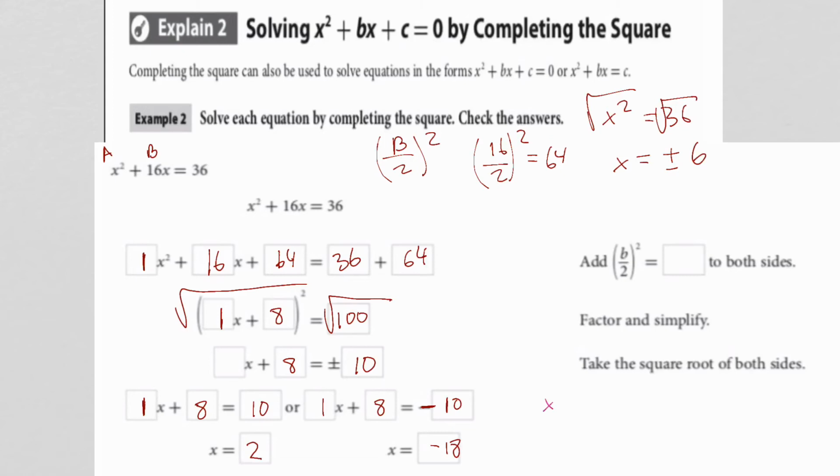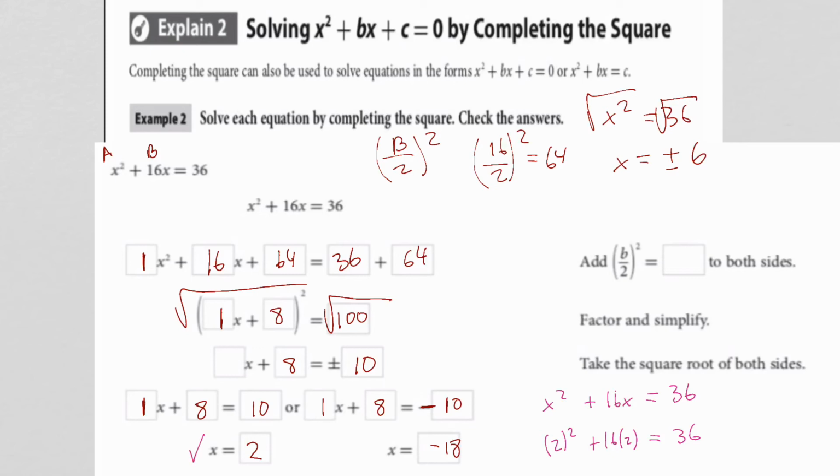So here was our original equation, x squared plus 16x equals 36. And let's see if it works. Is 2 squared plus 16 times 2, is that 36? Well, 16 times 2 is 32, and 2 squared is 4, so that's definitely 36. So this one checks out.